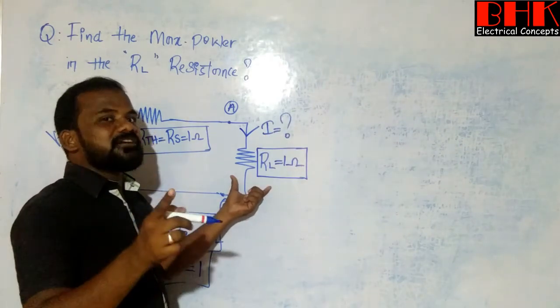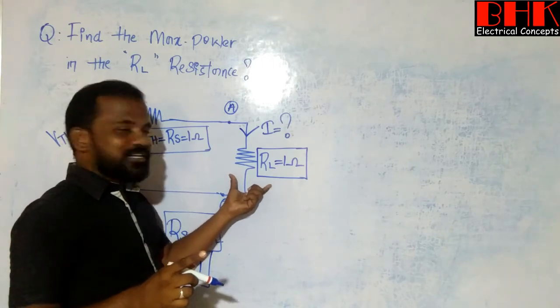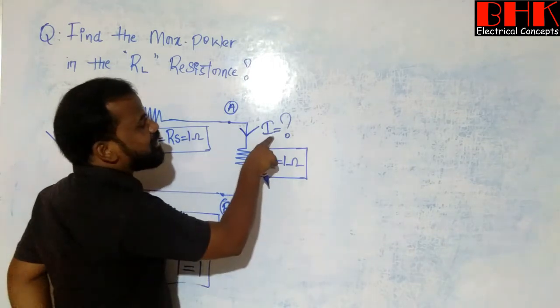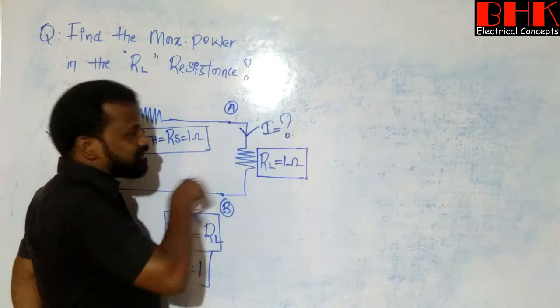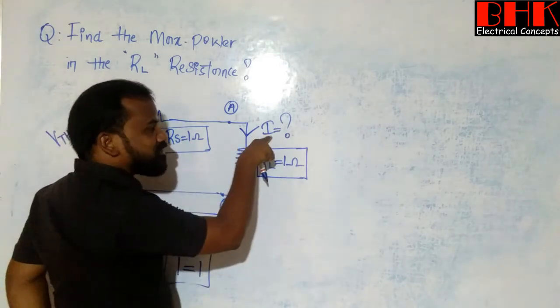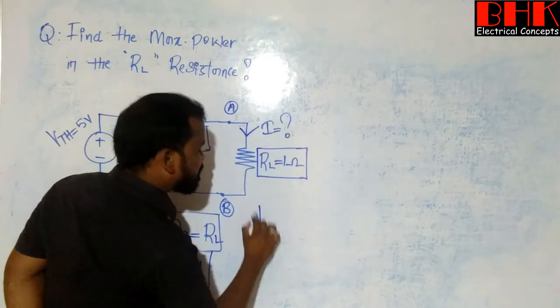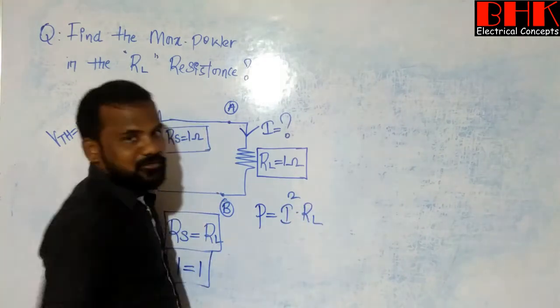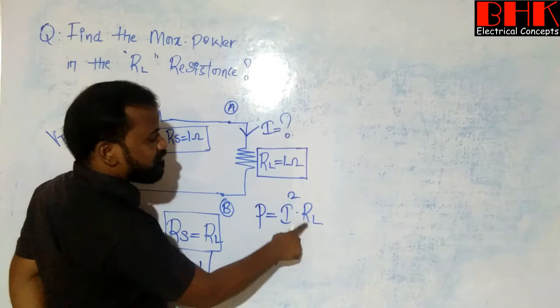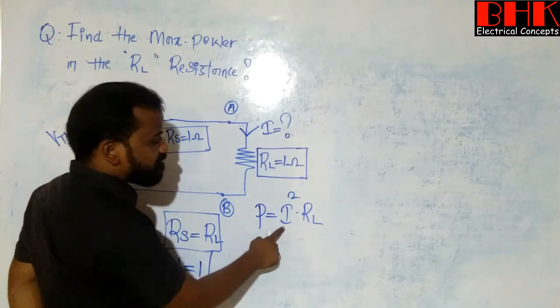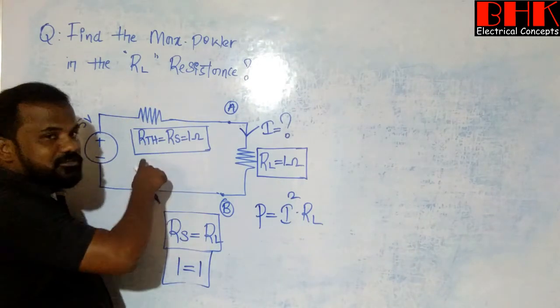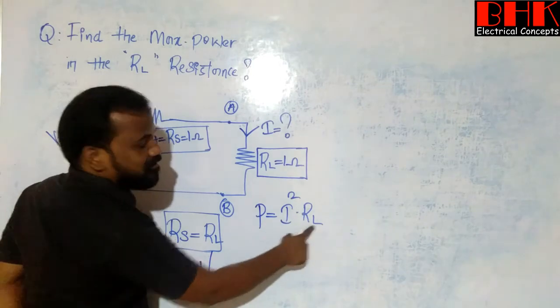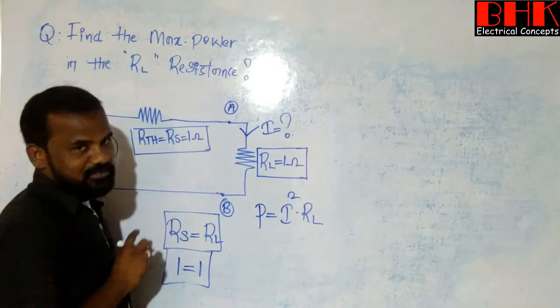To calculate maximum power in the load resistance, first we need to calculate the total current in the circuit. Clear? So if you know the current value, then only it is possible to calculate maximum power in the load resistance, because we know the value of load resistance. If you know the value of current flowing in this circuit, then I square into RL will give the power in the load resistance. Clear?